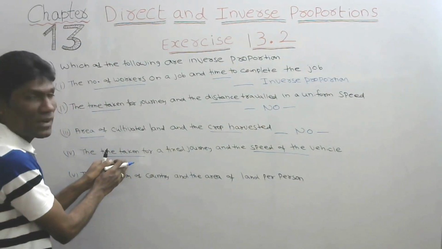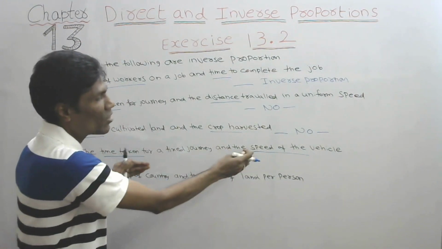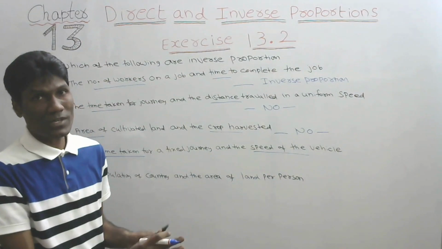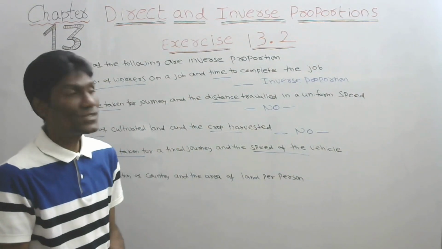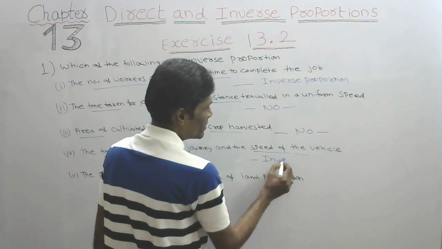If the time given to complete the journey is increased, then I will go with less speed. So this is in inverse proportion. If one is increasing, the other is decreasing.